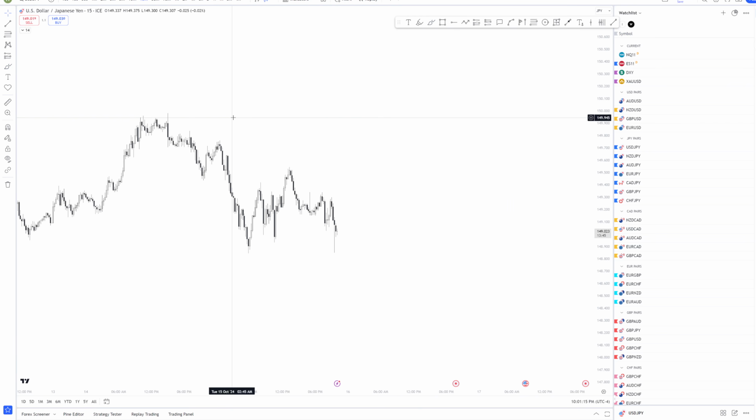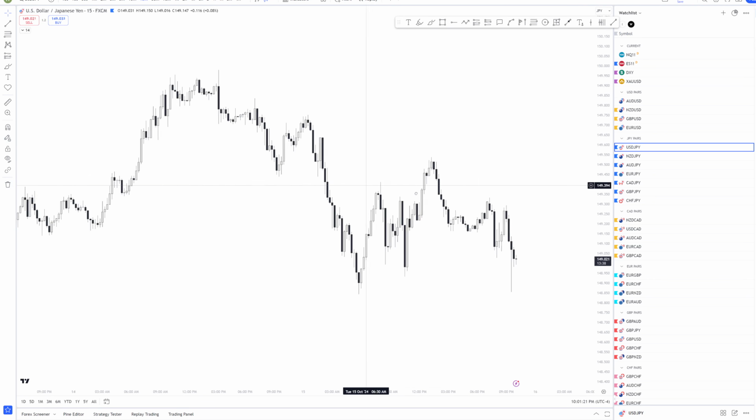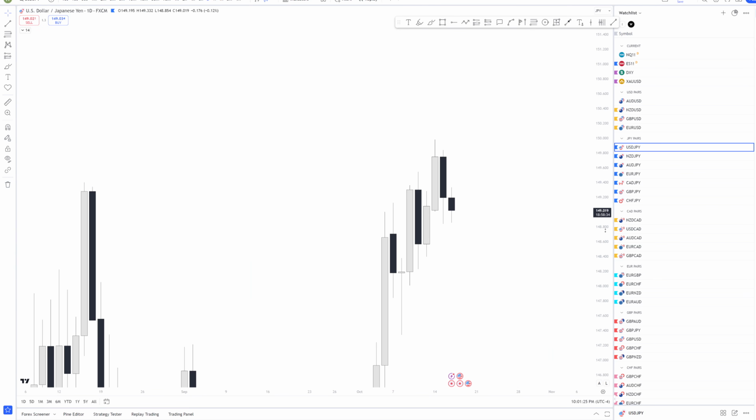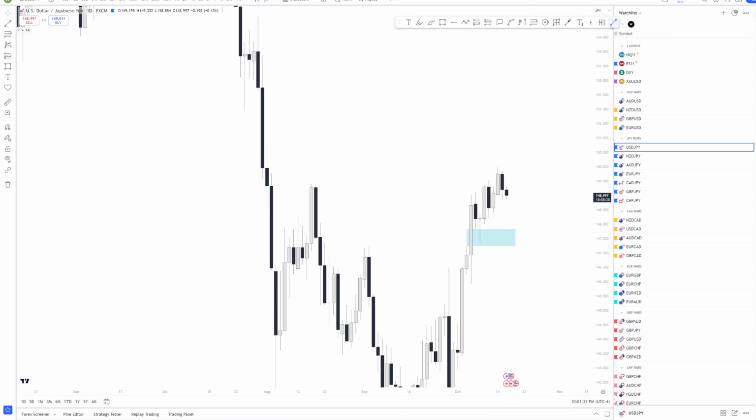So now let's close all this, and now let's look at this in a normal lens, okay? So what we can look at is the daily. On UJ, we don't have any fair value gaps to work with, okay? We have just swept liquidity, so now we have a reasoning to head lower.